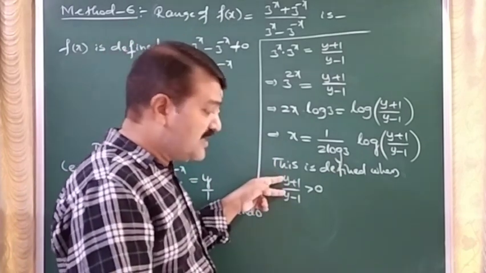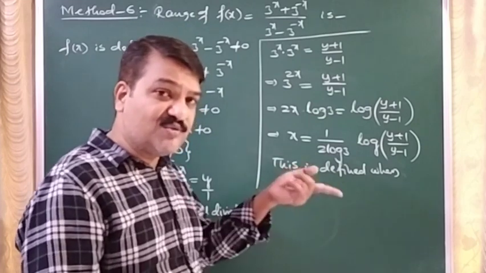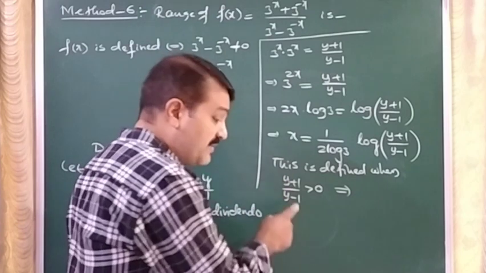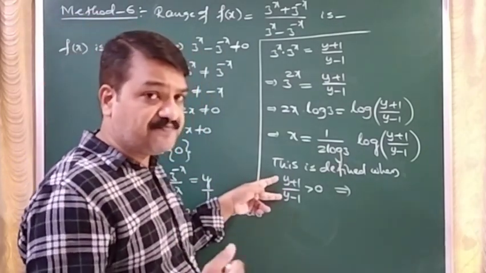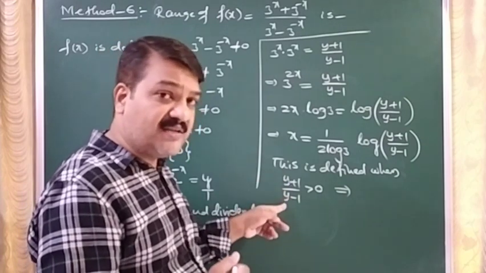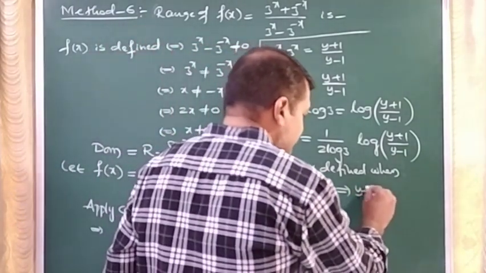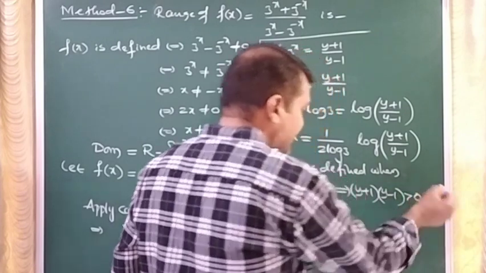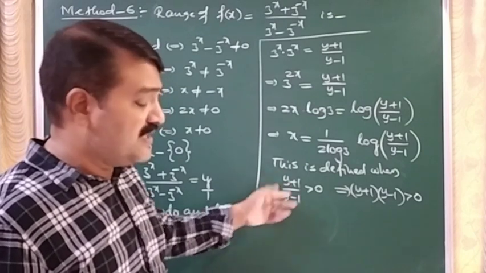So when numerator denominator have same signs, product also will be positive only. Same signs means either both positive or both negative. When you multiply numerator denominator which have same signs, you will definitely get positive only, no?